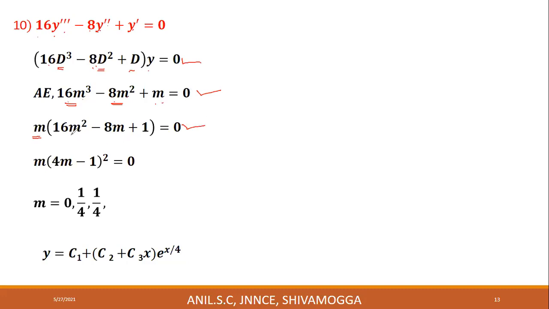Therefore, m into 16m square minus 8m plus 1 can be written as 4m minus 1 whole square. Clearly, the expansion of 4m minus 1 whole square is 16m square minus 8m plus 1.